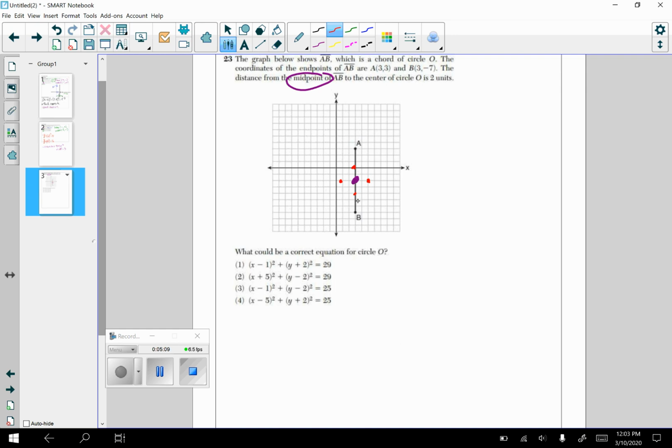If we look at this point down here, it's the coordinates (3, -4). And look at the choices. They're not going to work with that point either. So let's eliminate that point.